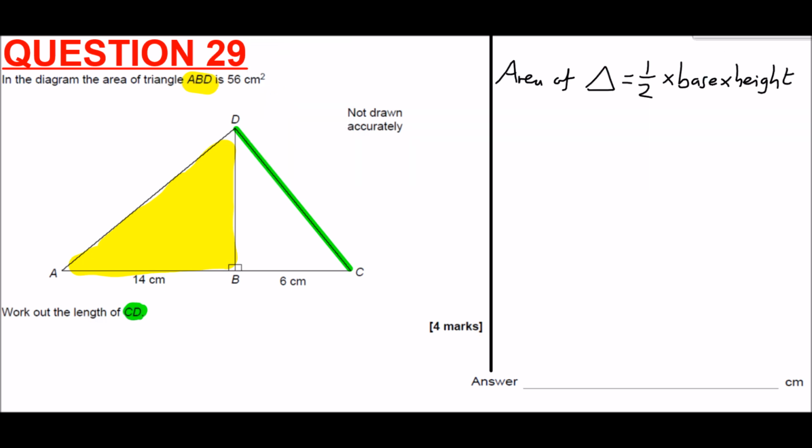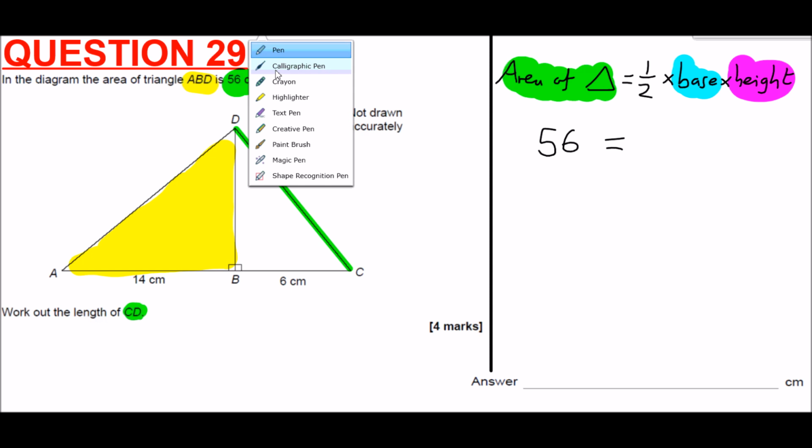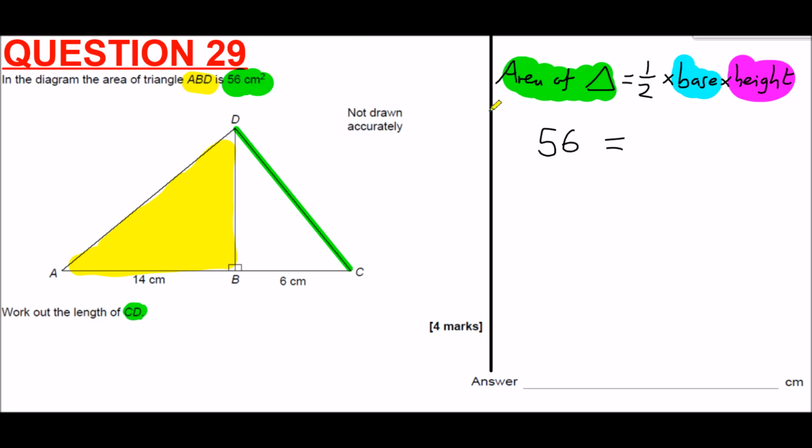So there's three different things. There's one thing which is the actual area of the triangle. The second thing we are interested in is its base. Lastly, we're also interested in knowing its height. So, the area of a triangle, we're told that, so that's 56. And we're also told the base.